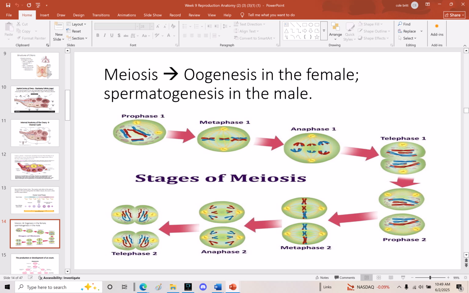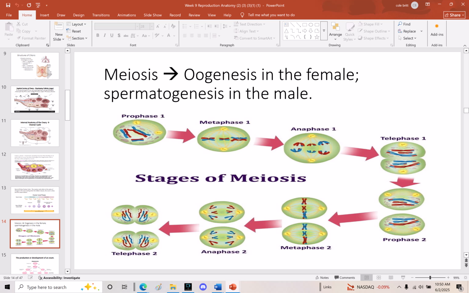Then we have metaphase and anaphase. Then eventually down here, telophase 2, this is where we have 23 chromosomes. One of these survives and one dies off, becoming the polar body.